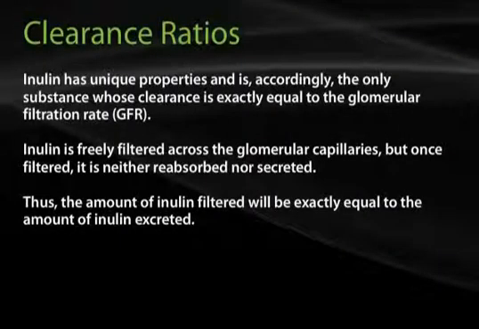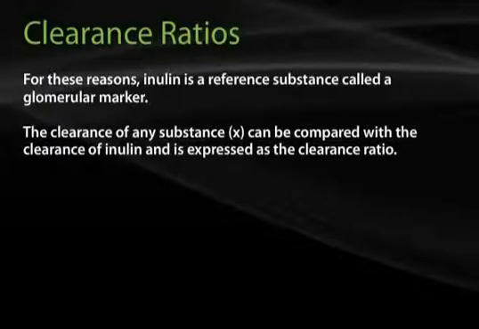Inulin has unique properties and is accordingly the only substance whose clearance is exactly equal to the glomerular filtration rate, or GFR. Once filtered, it is neither reabsorbed nor secreted. Thus, the amount of inulin filtered will be exactly equal to the amount of inulin excreted. For these reasons, inulin is a reference substance called a glomerular marker.